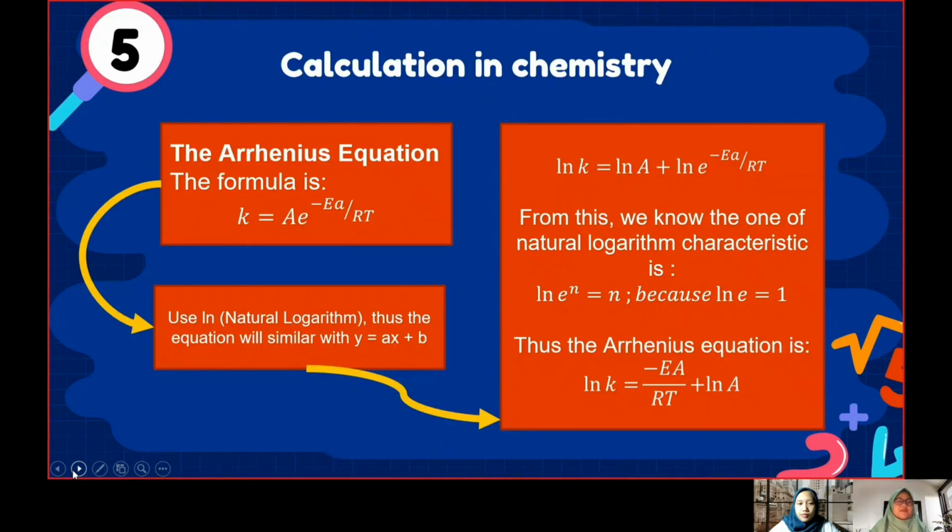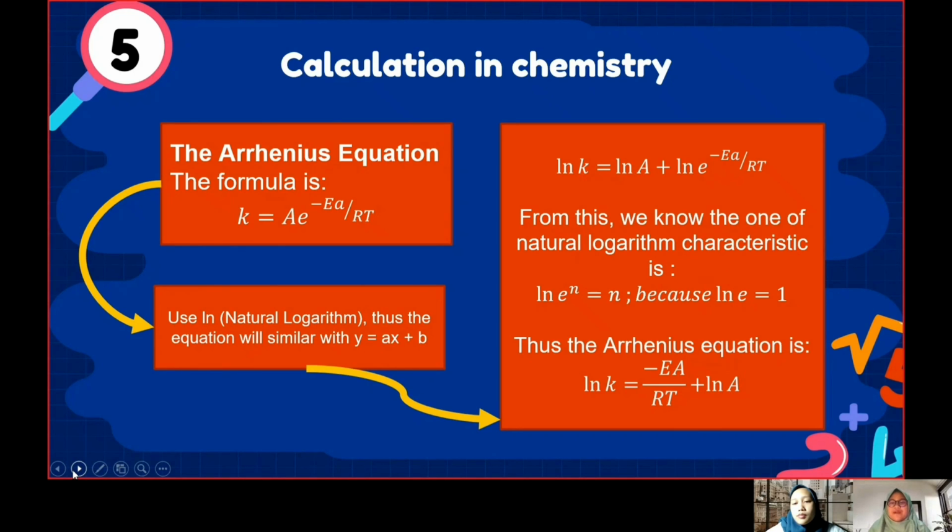We can find logarithms in the Arrhenius equation. There is a formula k equals A e to the power of negative Ea over RT. Then we use ln, or the natural logarithm. Thus, the equation will be similar to y equals ax plus b, and it will be ln k equals ln A plus ln e to the power of negative Ea over RT.